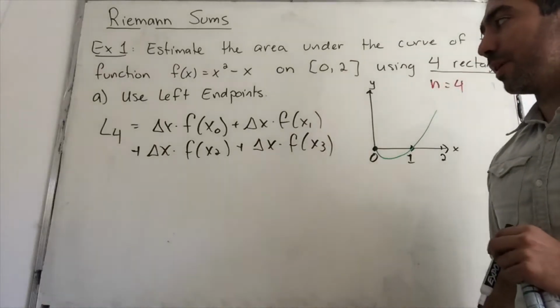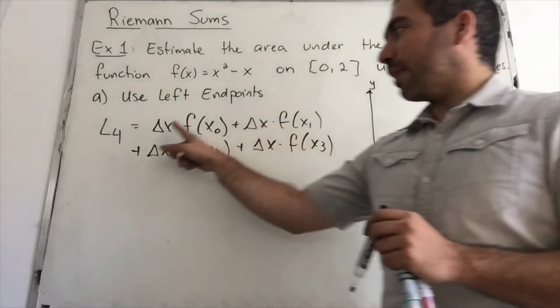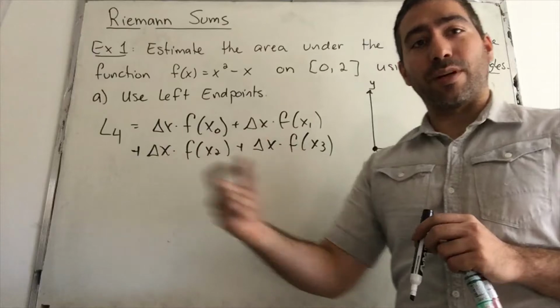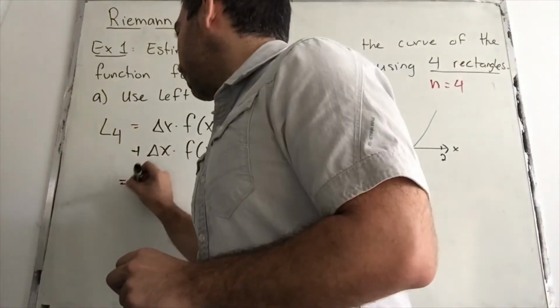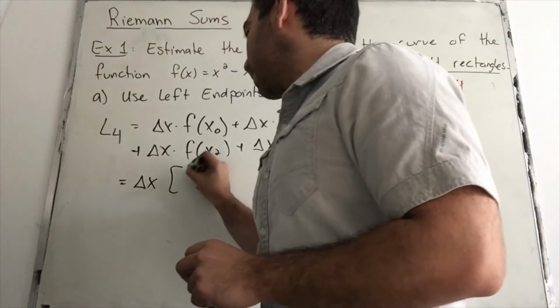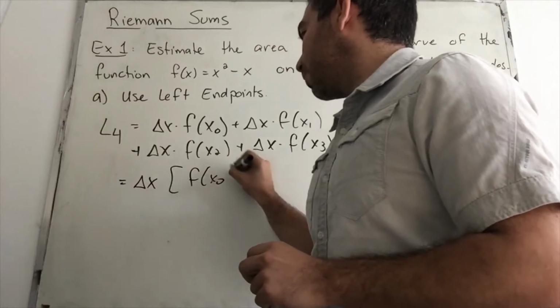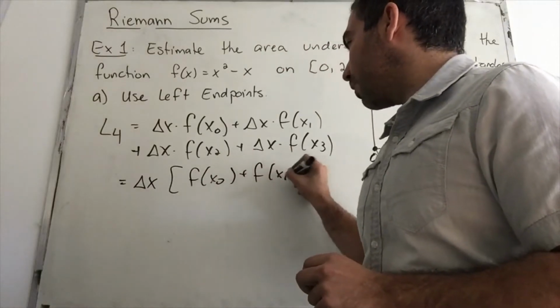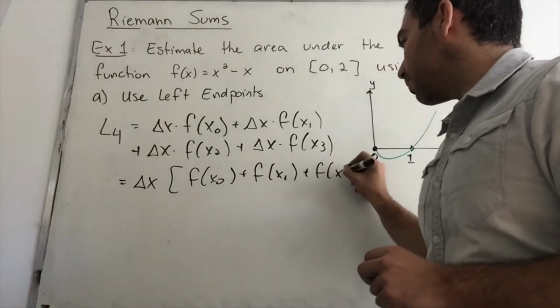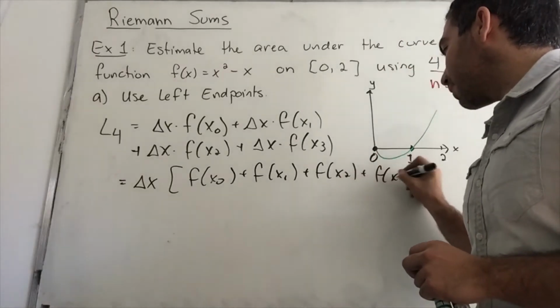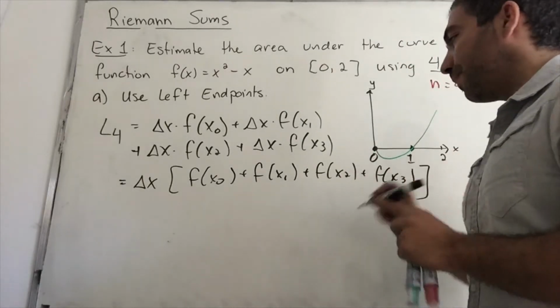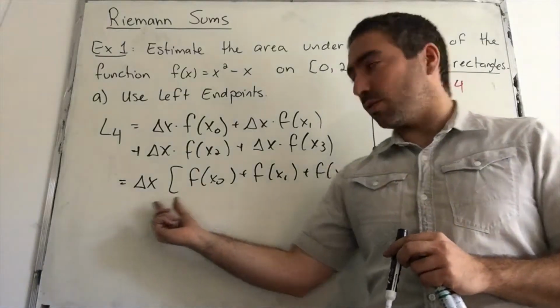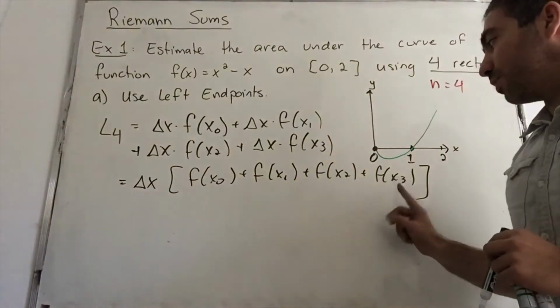We stop at 3. This makes sense. And all these terms have a delta x. So if you want, you could just factor out a delta x, giving us delta x, open bracket, f of x0. You don't have to do it this way, but you could if you want. f of x1 plus f of x2 plus f of x3. So now our job is to figure out what's delta x and what's x0, x1, x2, x3.